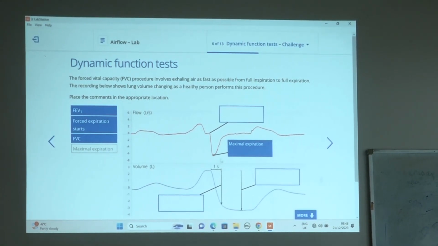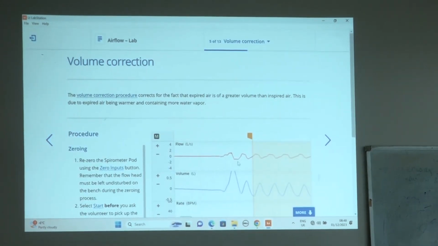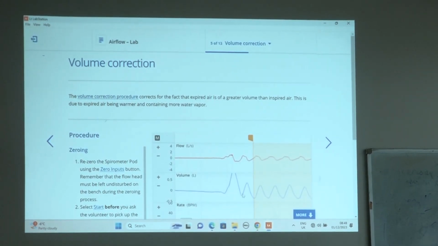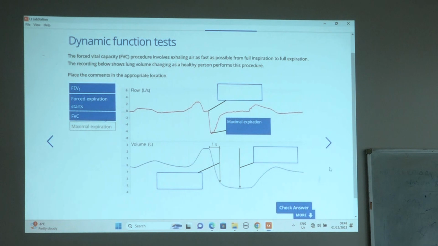When our volunteer was inspiring, we have a wave that goes up like this. When he is expiring, it comes down like this. And if from this point we want to check the maximum volume he would have when he inspires, we'll have something that goes up like that. We will see all of this in the course of this presentation.